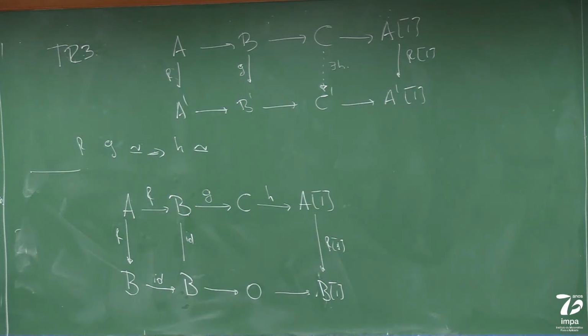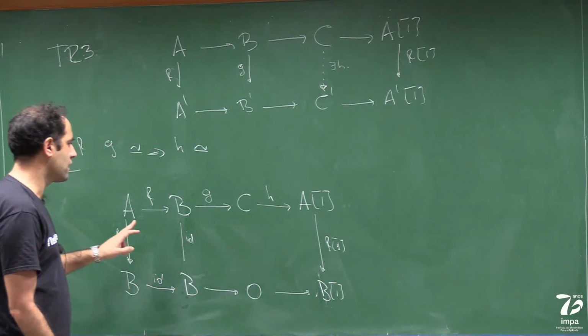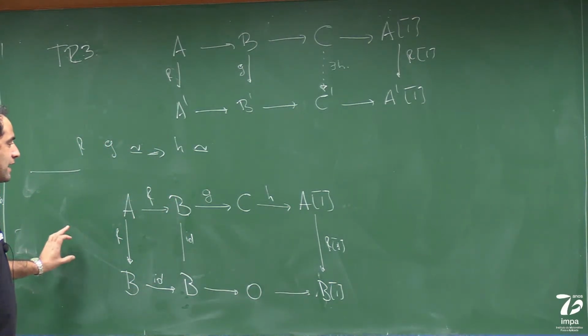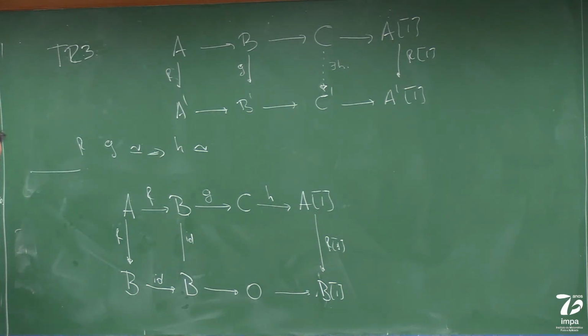How do I prove that? Oh, I guess I should have started with TR2. This thing here commutes if I just shift everything by 1. I'm going to get the 3 guys that commute here on the other side. Yeah, so let's see if I can do this quickly on this side, or if I need to use TR2.